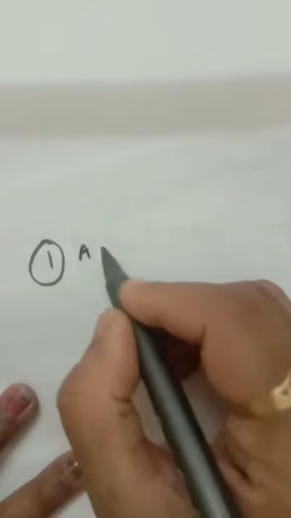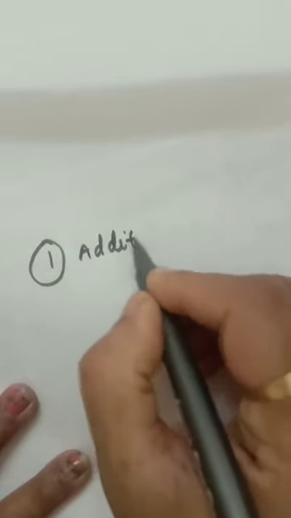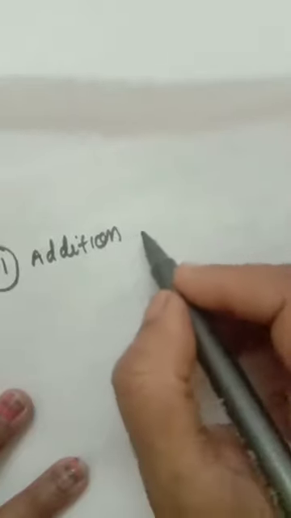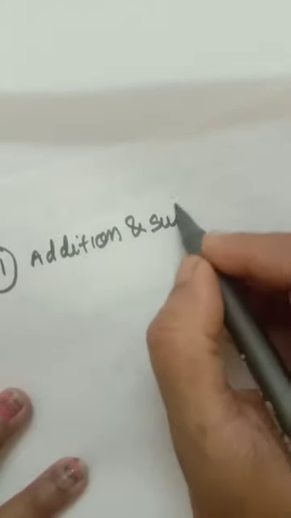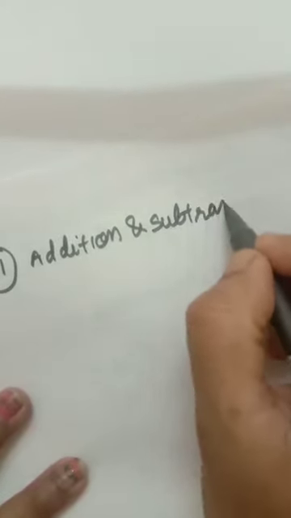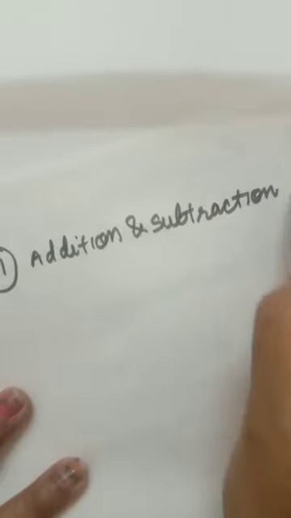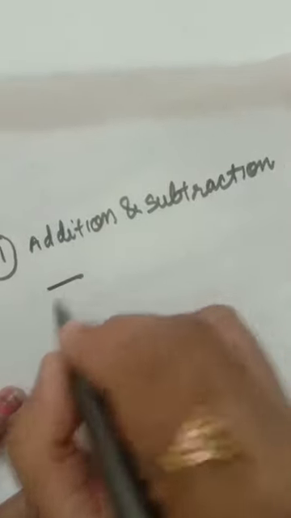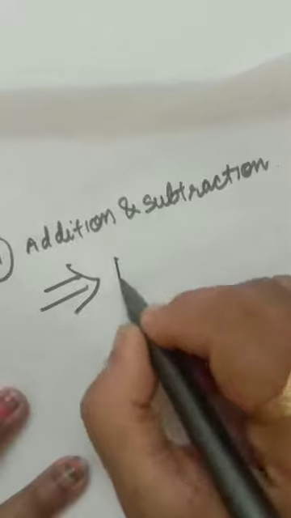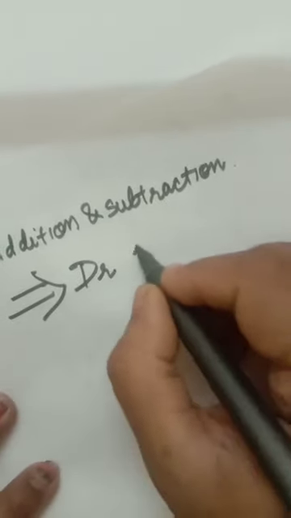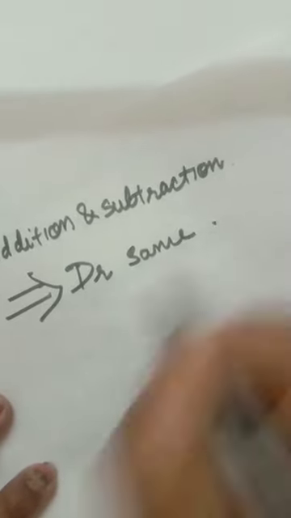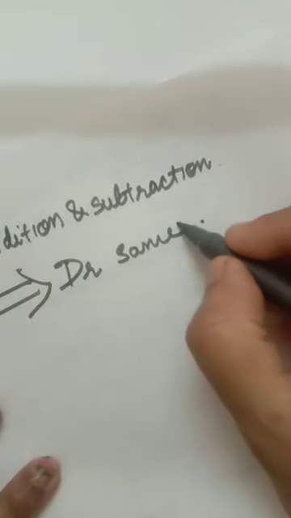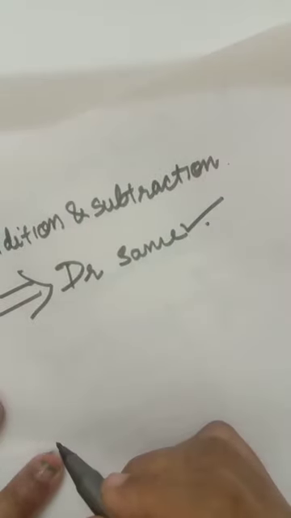Before starting question number 5, again I am telling the rule. Addition and subtraction: first you have to check whether the denominators are same or not.